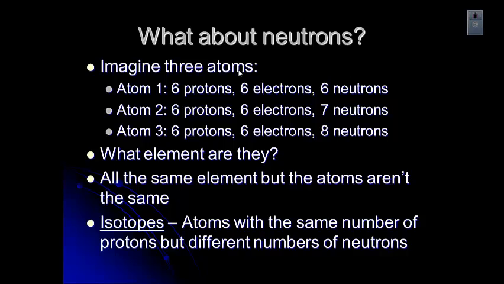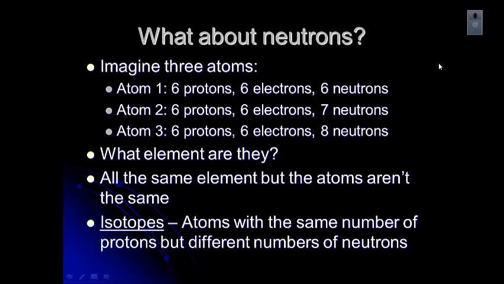Isotope means they have the same number of protons but different numbers of neutrons. So we have to have a way to distinguish between those, and elements can have different isotopes of the same element. Just a reminder, to recognize what an element is, we look at the number of protons, and carbon has 6 protons, so that means that it's carbon.